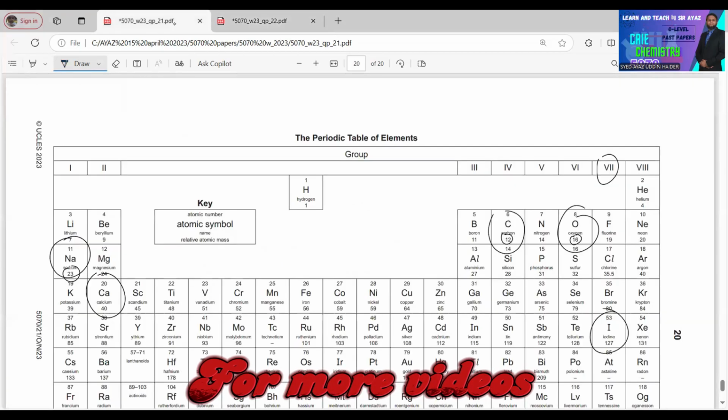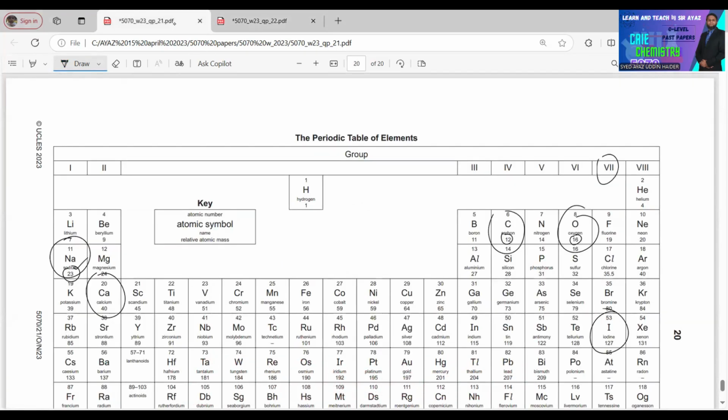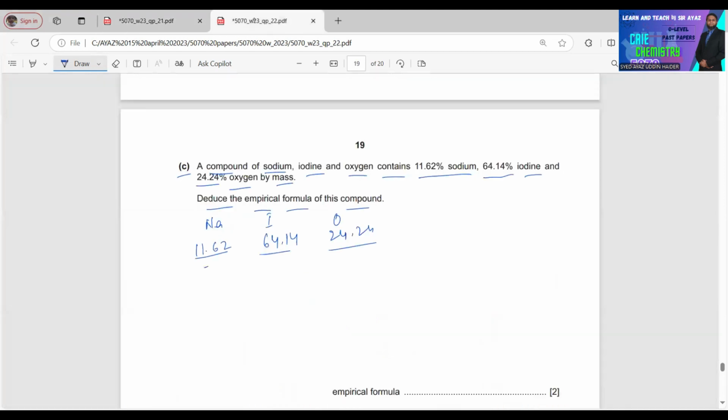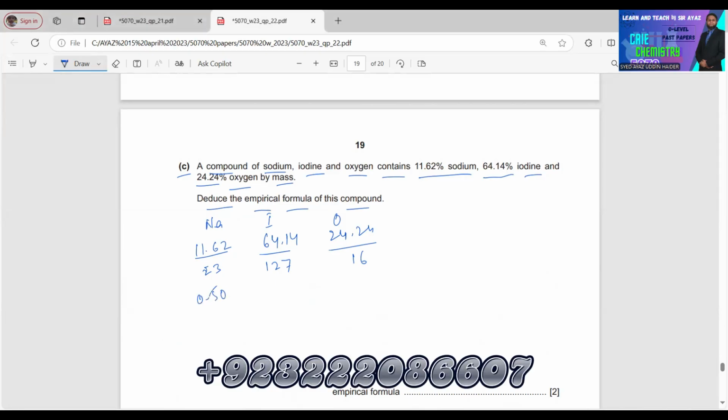We have sodium, Ar is 23, iodine, Ar is 127, oxygen, Ar is 16. So 11.62 divided by 23 is 0.505 for sodium.